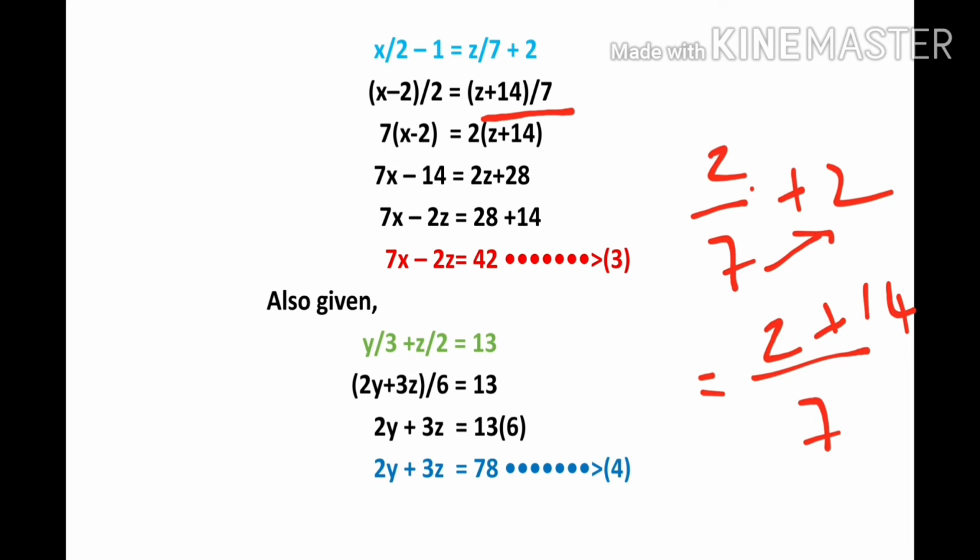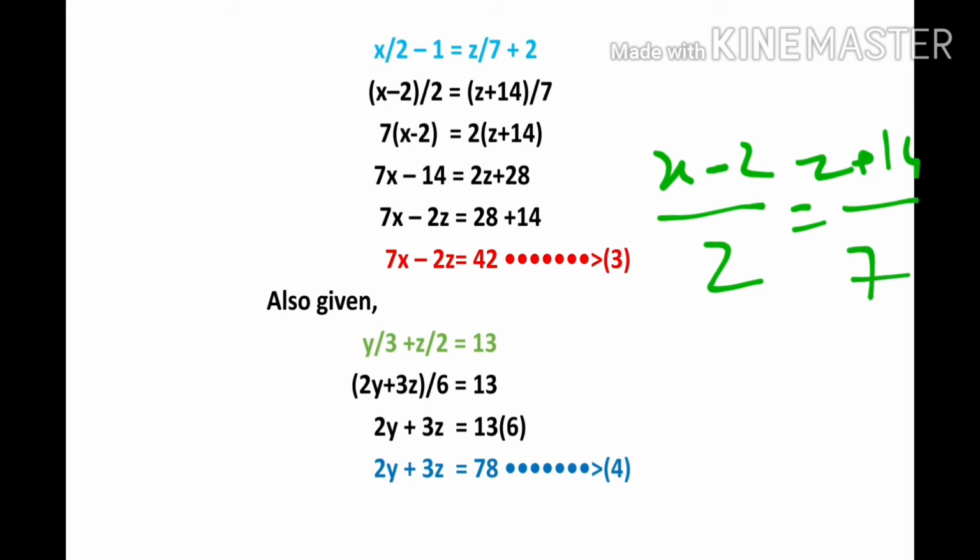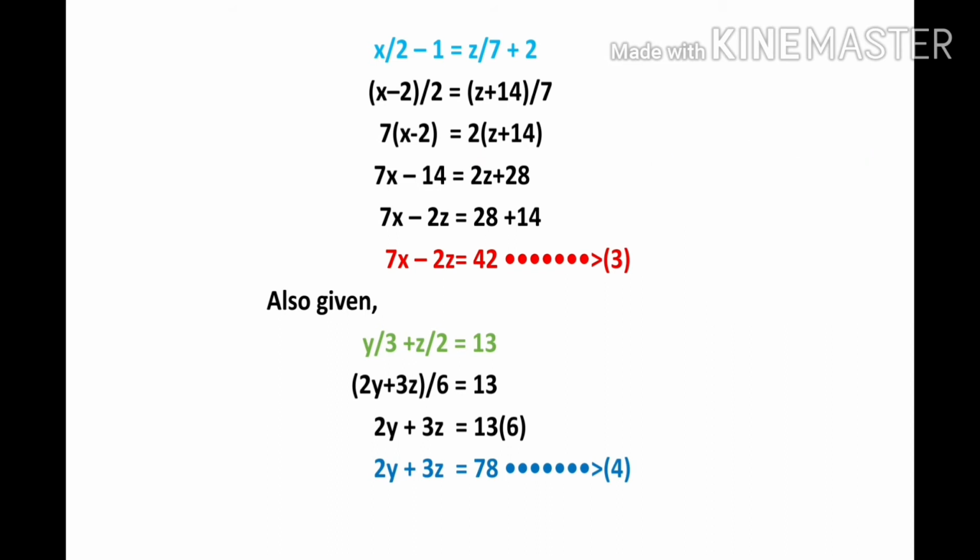I write here (z plus 14) by 7. Then simplify. So we have to cross multiply this. This is in the form (x minus 2) by 2 is equal to (z plus 14) by 7. So cross multiplying this, what happens? 7 into (x minus 2), then 2 into (z plus 14).